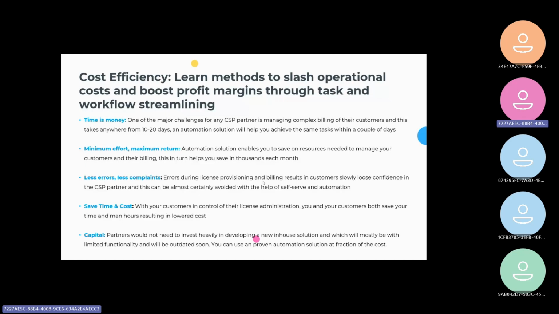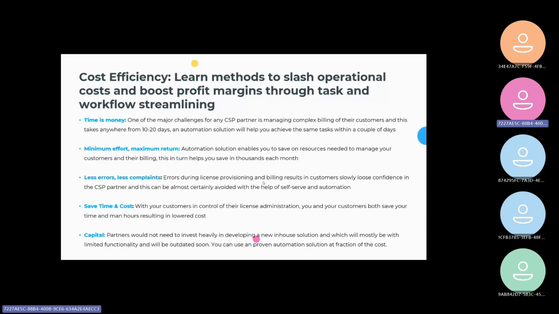It ensures that the resources needed to manage your entire customer operations, with their subscriptions, licenses, billing, and the reports that customers require, can all be saved. Eventually a partner can even end up saving thousands each month.